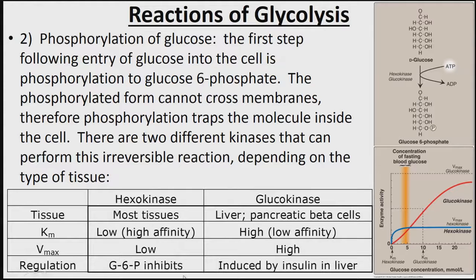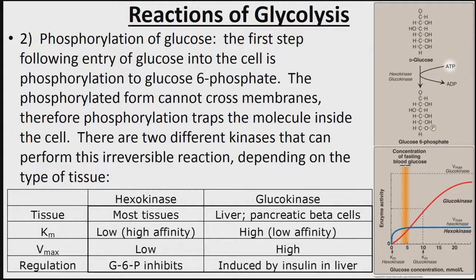But they also have a low Vmax. That means they can't deal with huge volumes of glucose. And the peripheral tissues are never going to do that, okay? Your blood glucose is going to be relatively maintained by that liver. When your blood glucose goes up from eating a meal, the liver is going to deal with the bulk of that.